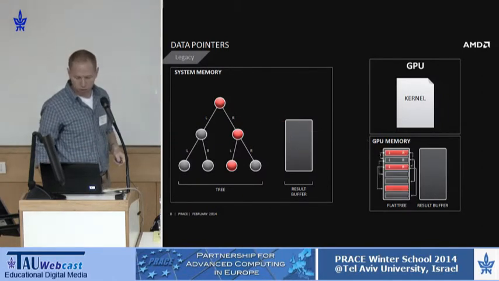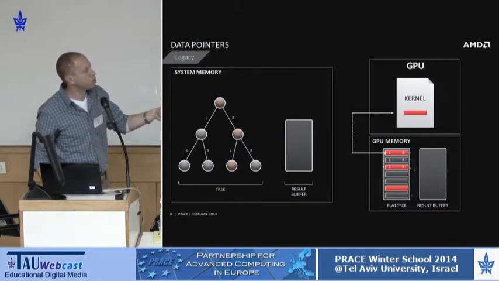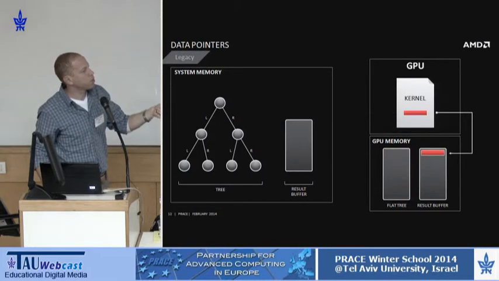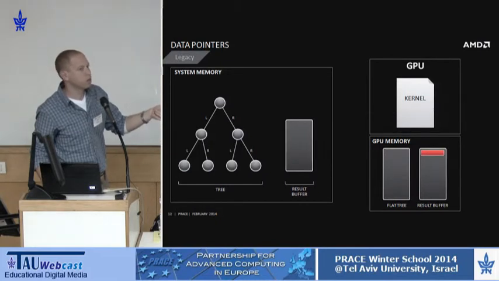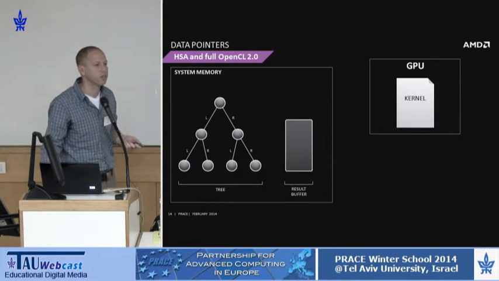So we just nest all the nodes in a contiguous buffer. This buffer is somewhere in GPU memory. Then the GPU would walk the tree using indices, accumulate the result in some kind of buffer, copy the results back to system memory, and the CPU could pick it up from there and continue the computation.